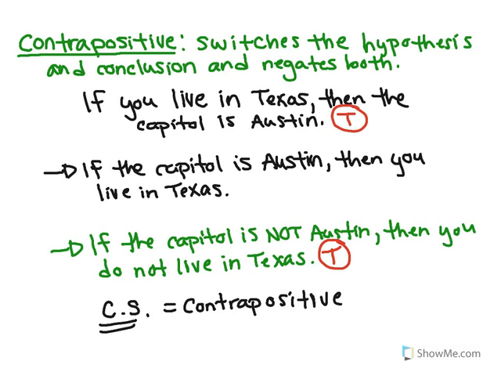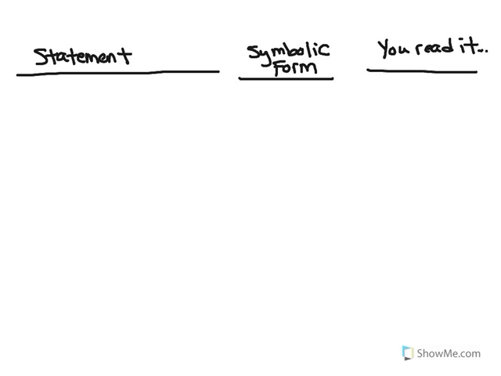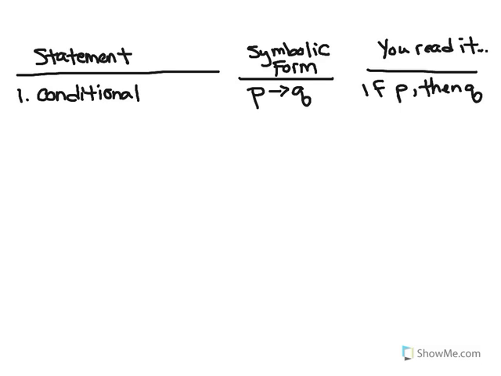Now, let's go ahead and summarize all the different kinds of conditional statements that we've seen so far. So to sum up, the very first kind of statement that we saw was a conditional statement. And we read this, P, then Q. The way that we read these statements is it says, if P, then Q. The next kind of statement that we looked at was the converse.